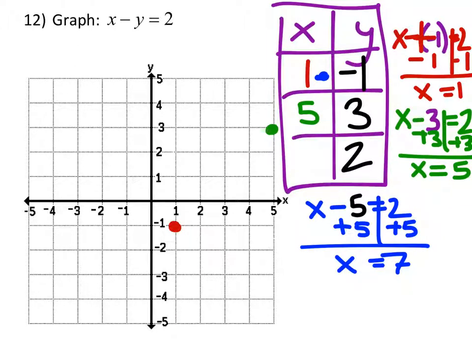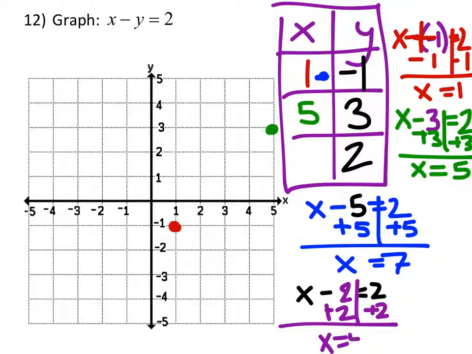So again, we're just going to come back to the same equation. So that's X minus Y equals 2. And we're replacing Y now with 2. Notice it does not affect the minus there. So to solve this, I would add 2 to both sides. And I got x equals 4.